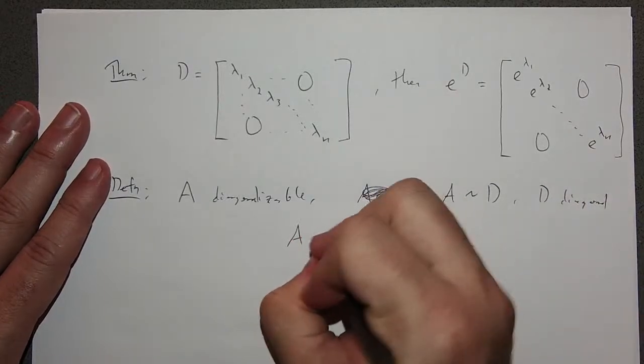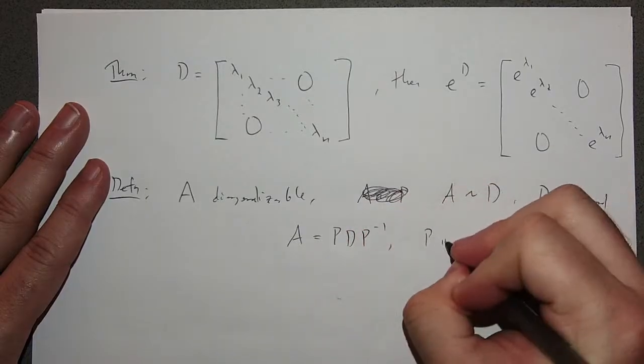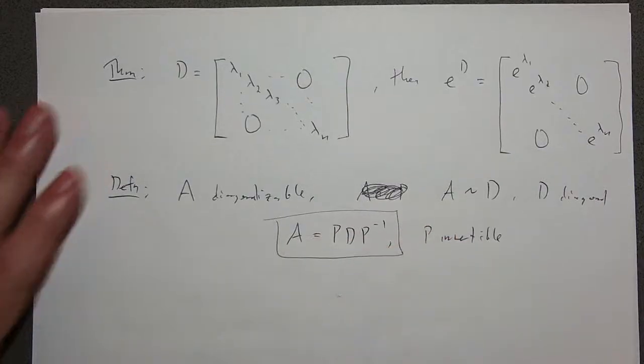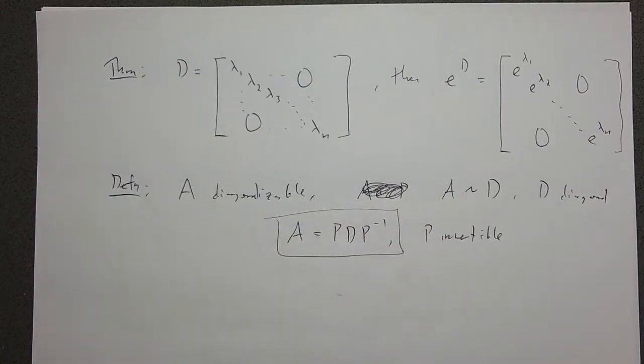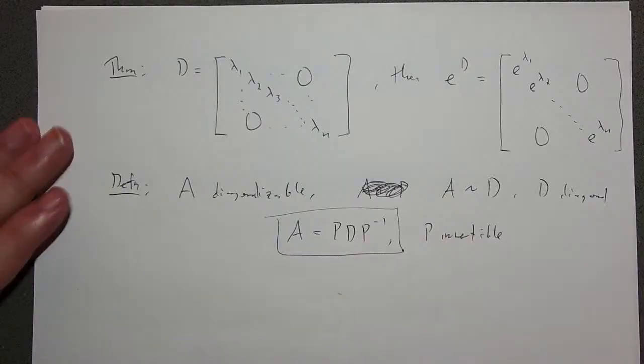But what that means is that A is equal to P D P inverse, where P is invertible. As I mentioned before, we could also say that A and D are conjugate, or they belong to the same conjugacy class. I mentioned this in those first two lectures, so I'm not going to go over this again.